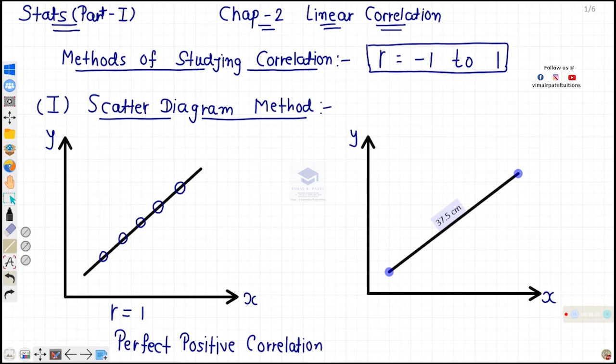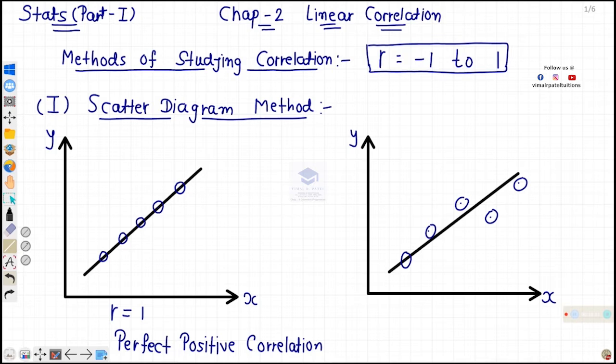Here the change will be in the same direction but not in the same proportion. The points may or may not lie on the same line. So the graph will be like this. All points will be nearby a straight line but not on the same line.